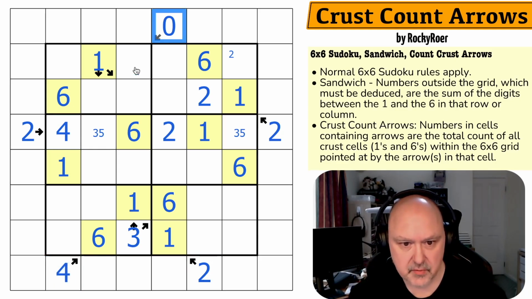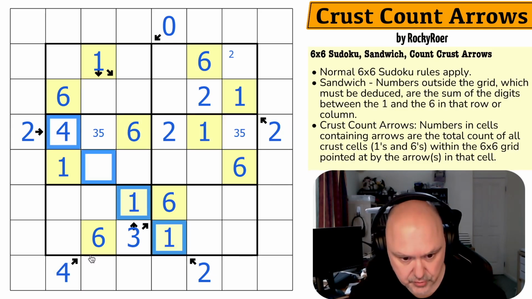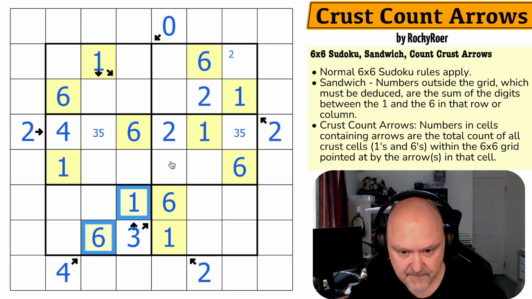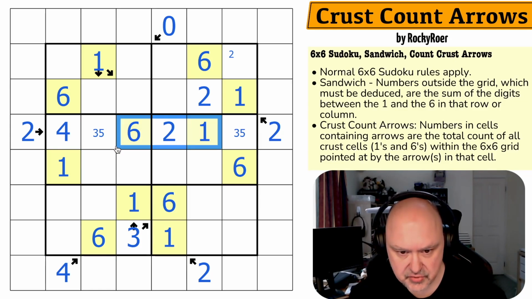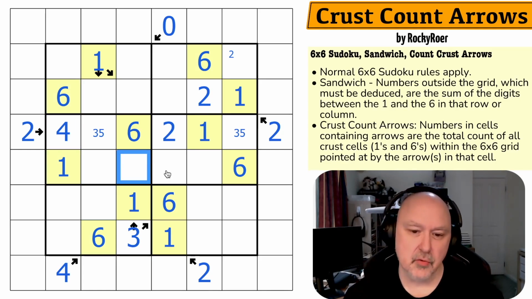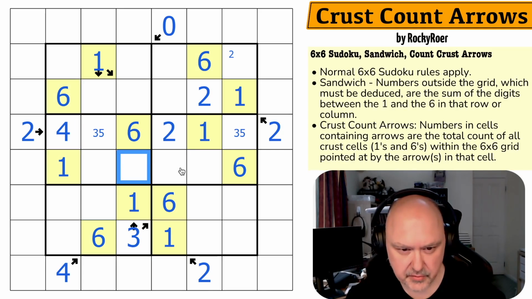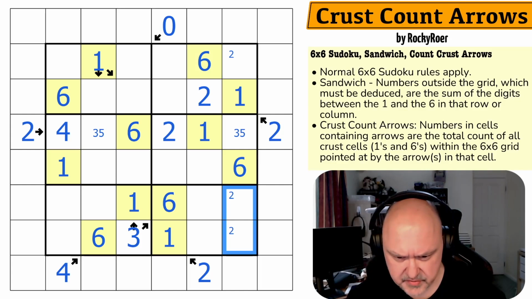So 0 is seeing 0, 2 is seeing 2, 2 is seeing 2, 2 is seeing 2, 4 is seeing 4, and the sandwiches: 0 sandwich, 2 sandwich, 2 sandwich, 2 sandwich, and 4 sandwich. That's glorious. So now I'm down to Sudoku. This puzzle is amazing.